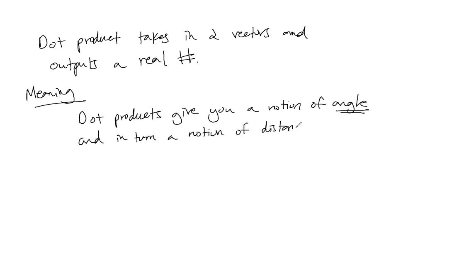This is going to be very important for us because we can't really visualize vectors in Rn for n greater than 3, but we can still define what the angle between two vectors is, and what it means to be close to another vector.